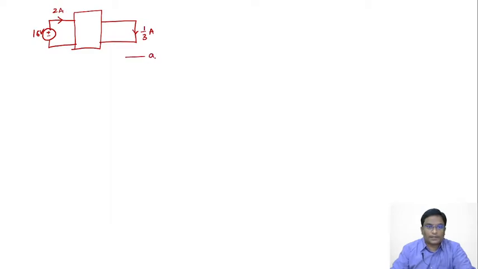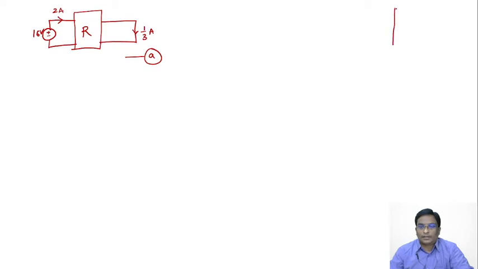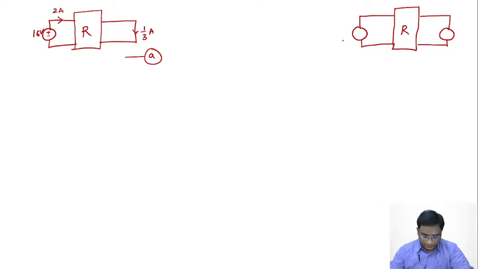This is figure A. It's a resistive network, everything resistive. What they're asking us to determine here is, for the same resistive network, they placed another voltage source, an 8 volt source, plus minus, and this is 48 volts. They're asking us to determine this current I3.